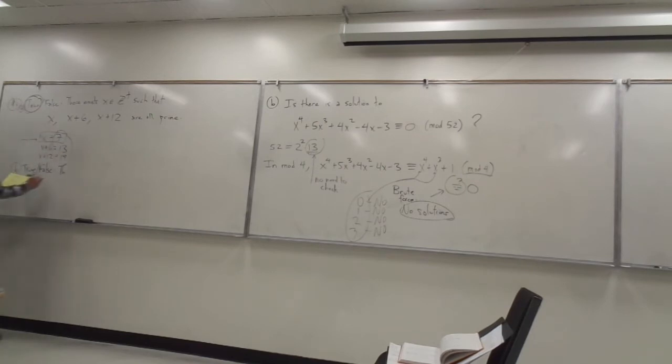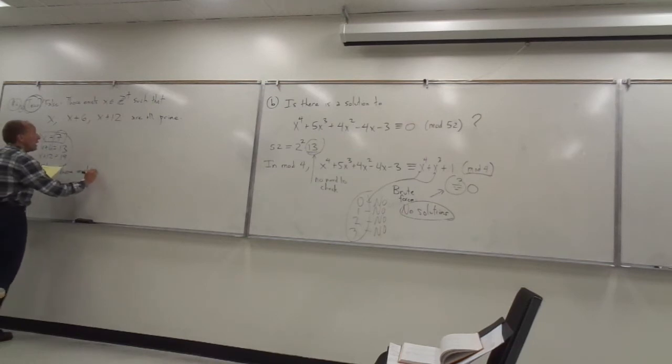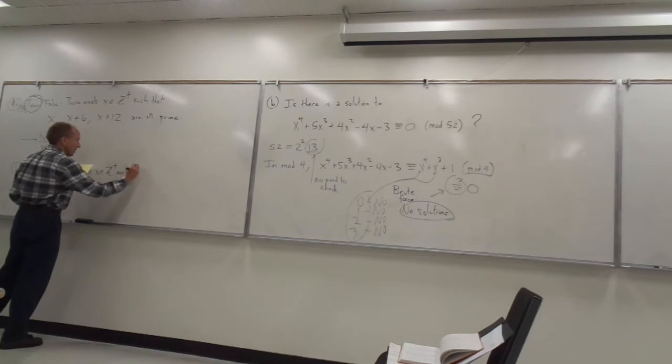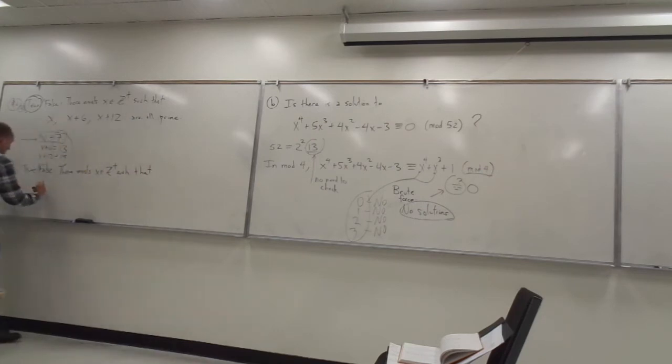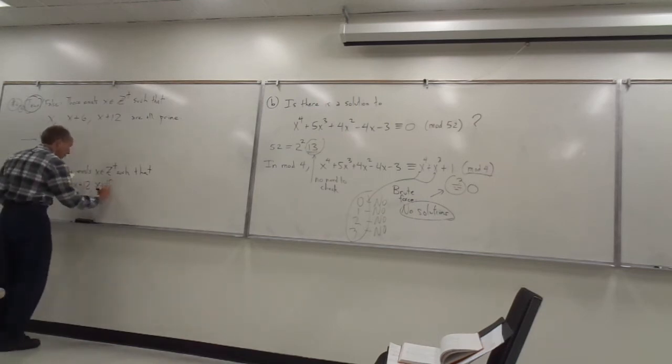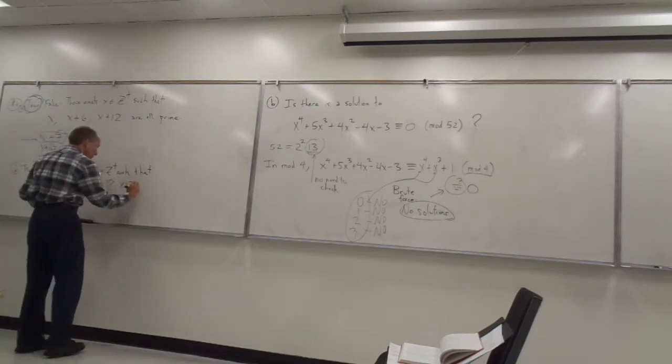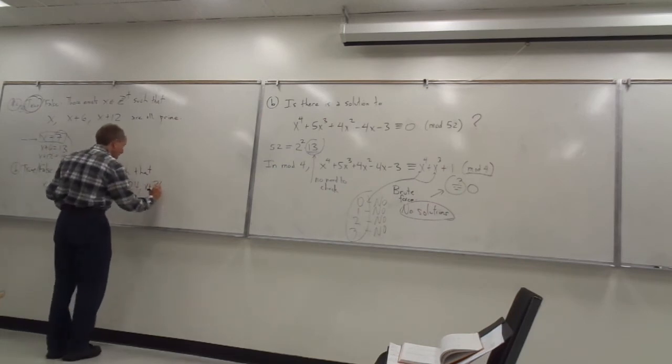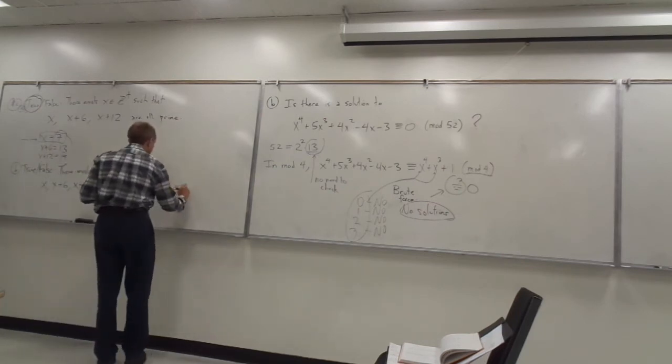Okay, let's try this one though. There exists an x in the positive integers such that x, x plus 6, x plus 12, x plus 18, x plus 24, and x plus 30 are all prime.